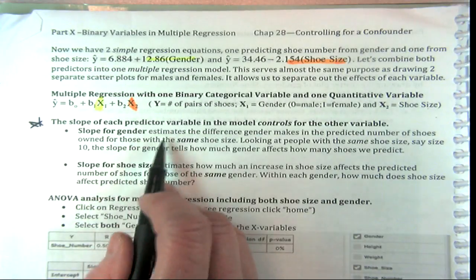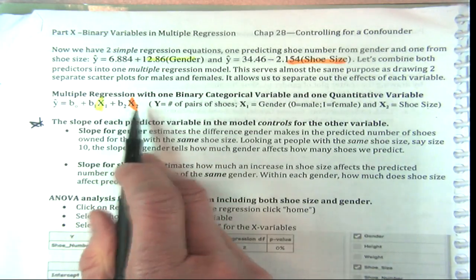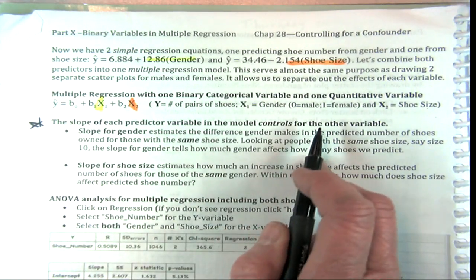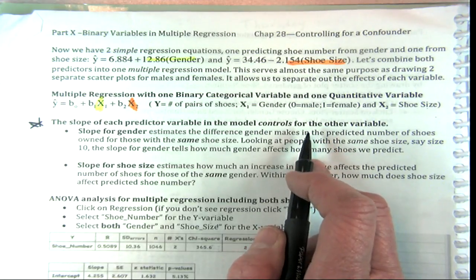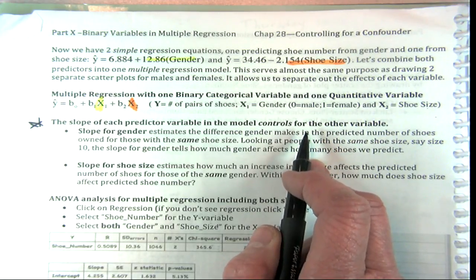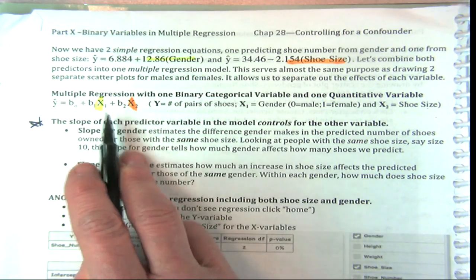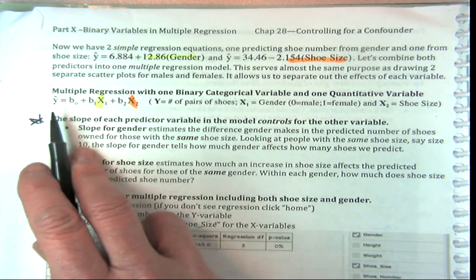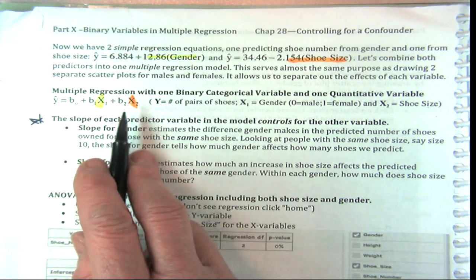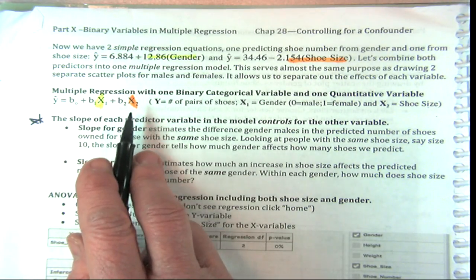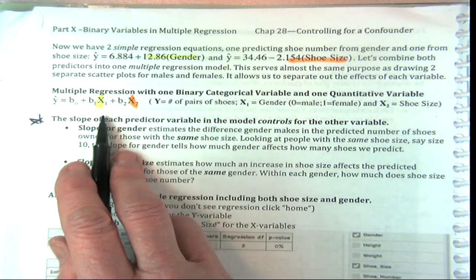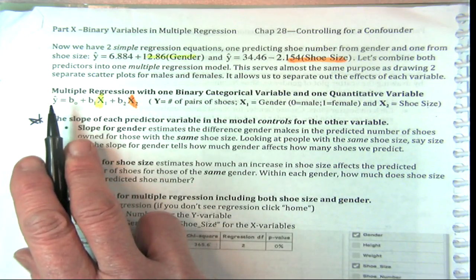Okay, the slope of each one of these predictor variables controls for the other variable. What does that mean? It means that, for example, the slope for gender estimates the difference gender makes on shoe number.